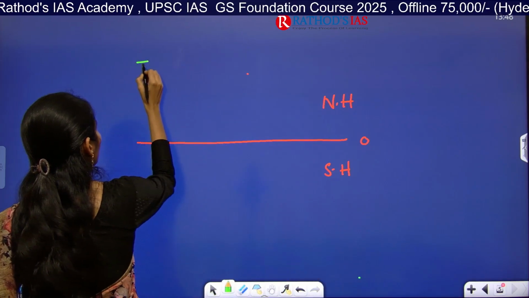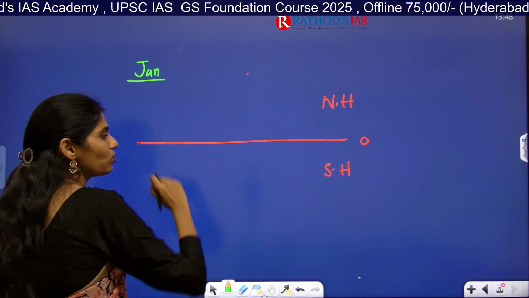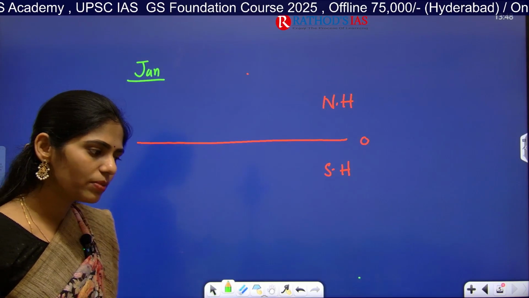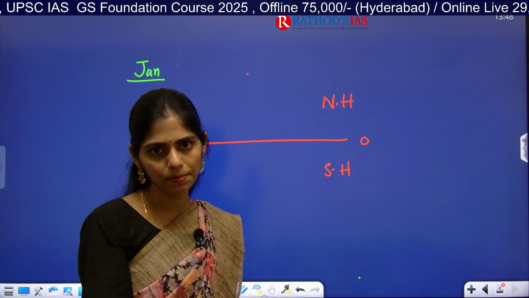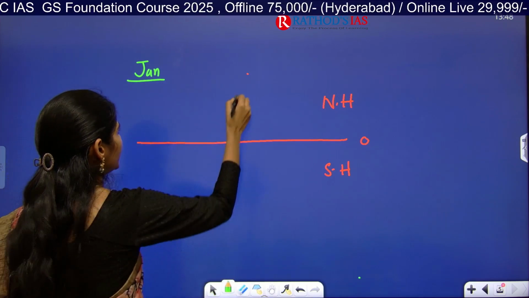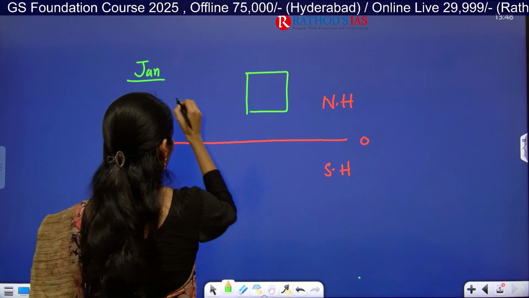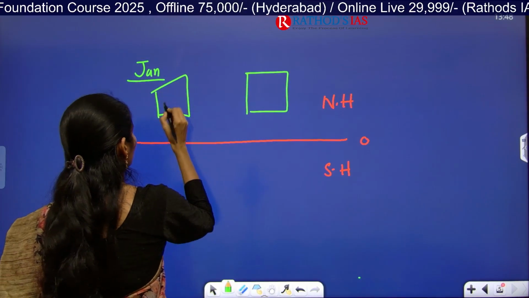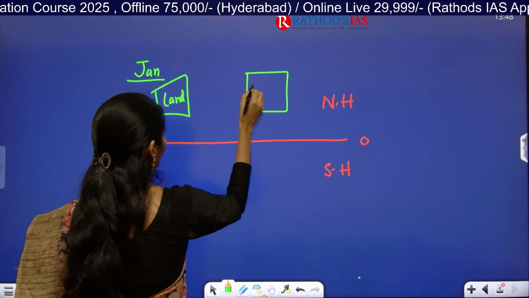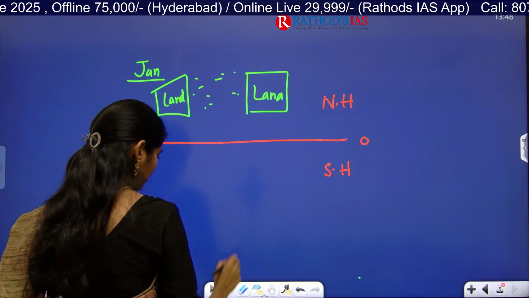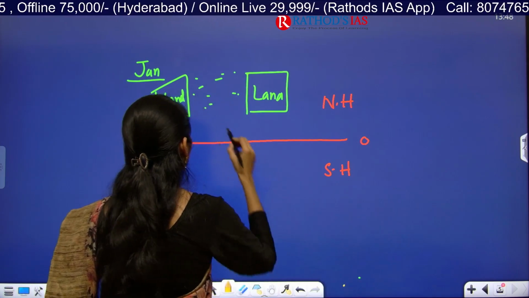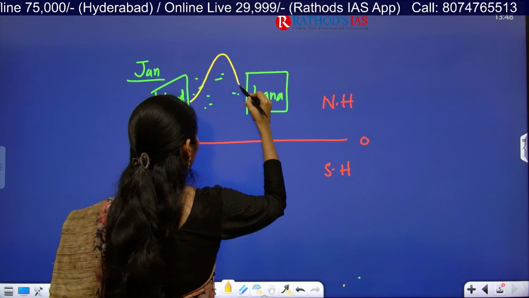So what happens in this month of January? First, what are isotherms? Isotherms are nothing but the lines which join places having the same temperature. Clear? For example, here we have land and here we have ocean. This block that I am drawing is land, and here we have the ocean part. If you see these isotherms, they will be going up.